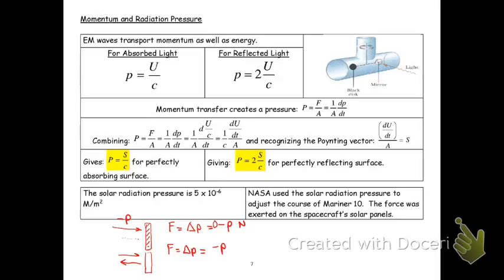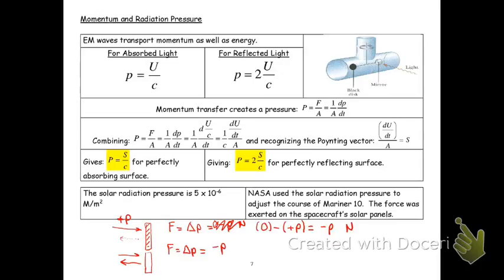There's nothing coming back, so it's 0 minus p. And I'm sorry, that's going in a positive direction. Let's do this again. It's 0 minus plus p. Getting my signs right, which equals minus p newtons.